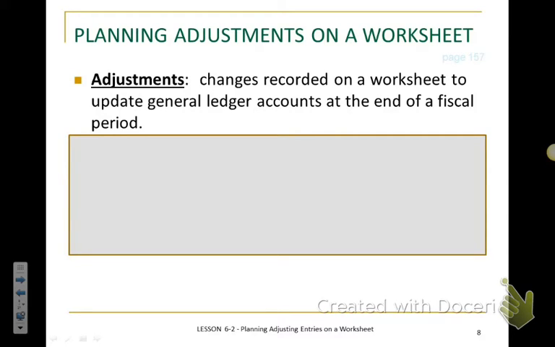Now we've got our trial balance done, but we determined that there are some differences between the amounts in our trial balance that are reported from our ledger and our actual amounts that we have on hand. Okay? So for all of you, take out your ledger for your candy company.